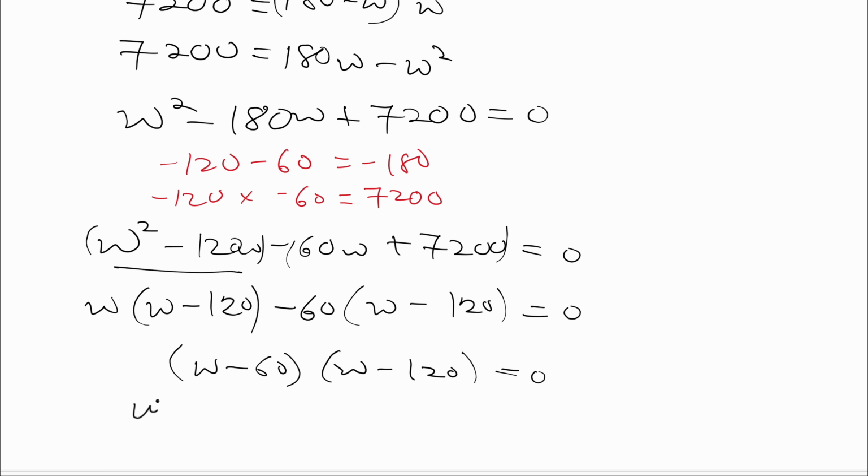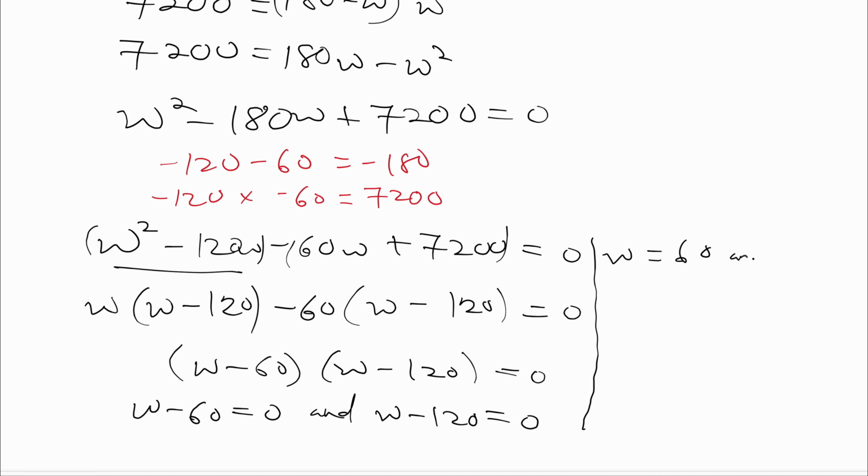W minus 60 is equal to 0 and W minus 120 is equal to 0, so W is equal to 60 and W is equal to 120. But the value of W can only be one of these.